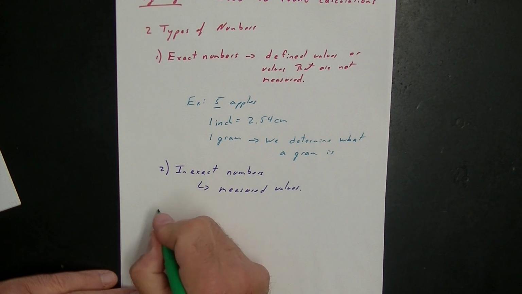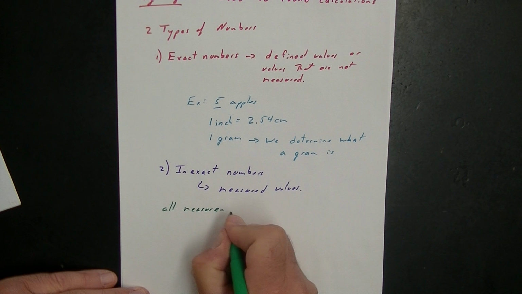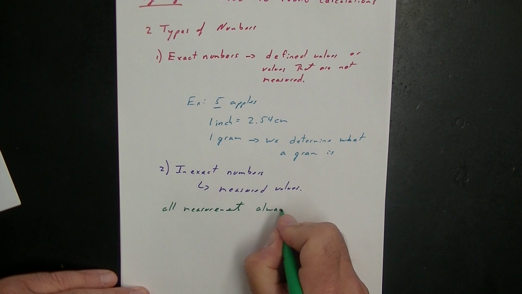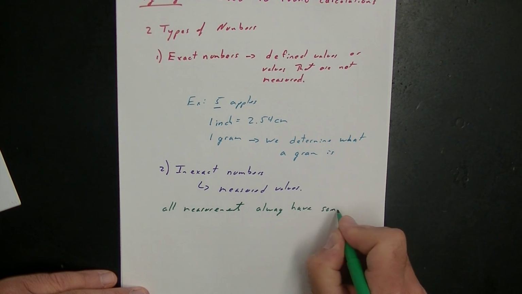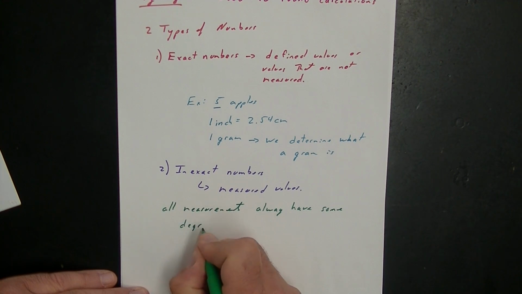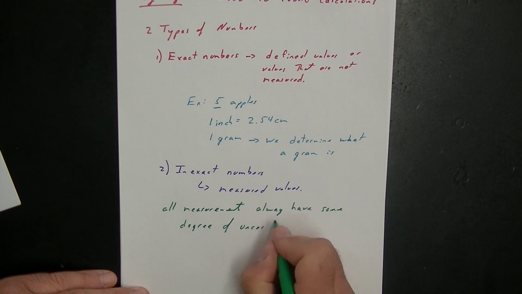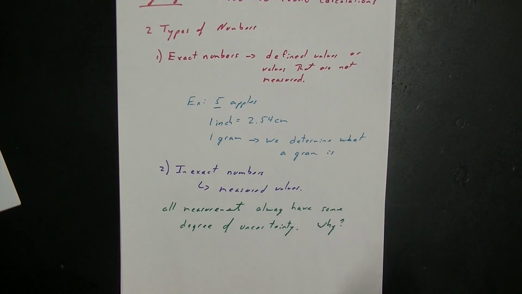Well, all measurements always have some degree of uncertainty. The question is why? Why do measurements always have some sort of uncertainty?